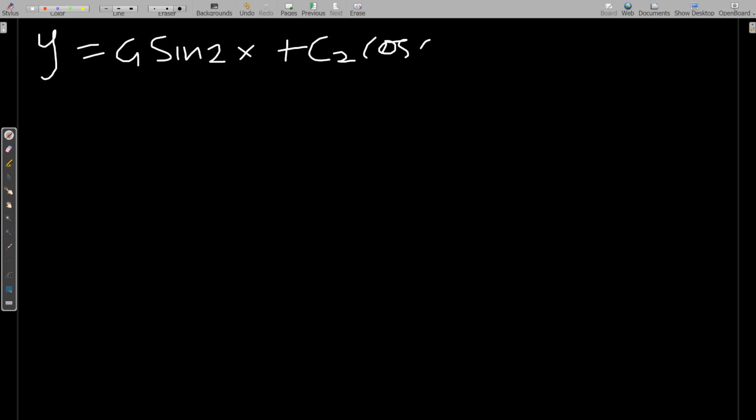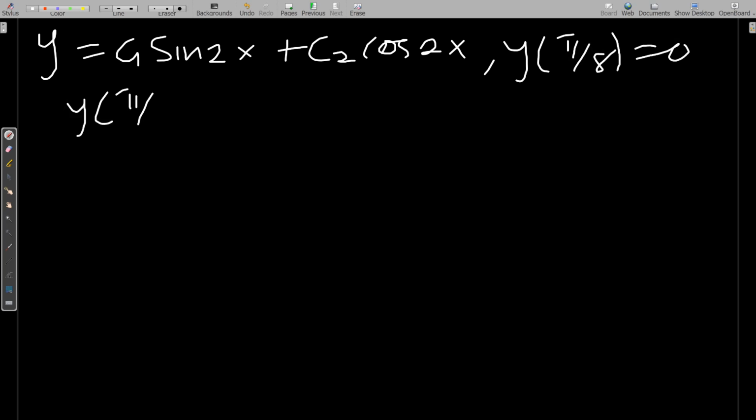So here, let's rewrite the question. We said y is equal to C1 sine 2x plus C2 cos 2x. Then the condition is y of pi on 8 is equal to 0, and then y of pi on 6 is equal to 1, right?